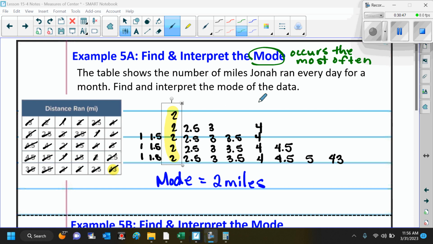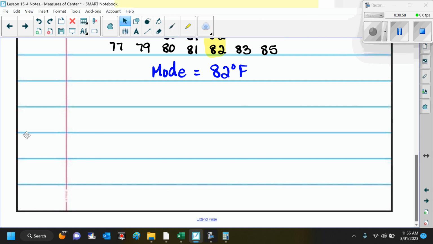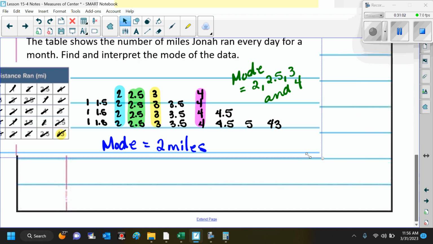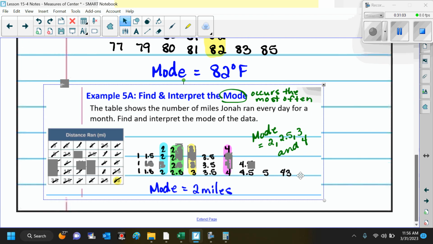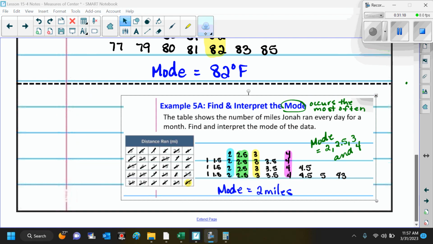And I will attach that example to the end of the written notes. Or maybe I'll just put it down here as the extra 5A example. I'm going to call it alternate 5A example.